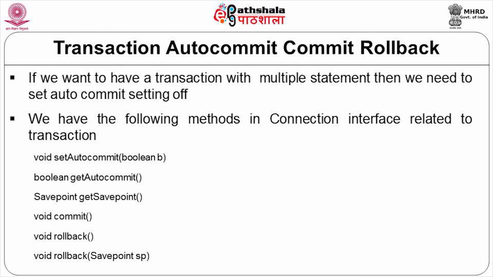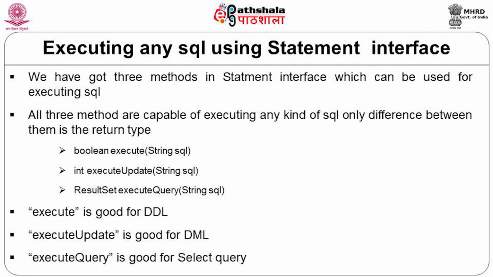Now let's proceed further and look at how we actually start executing some kind of SQL. If you want to execute any kind of SQL, we can use the interface called Statement, obtained using the createStatement method on the Connection interface.